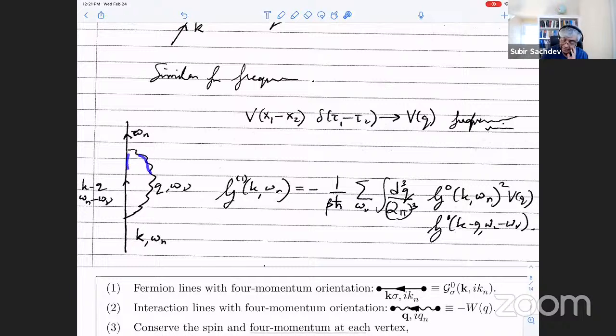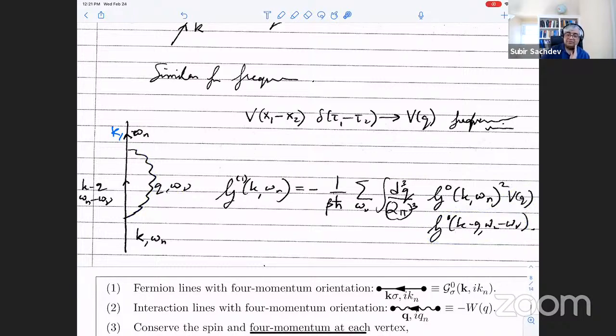If you just add these two momenta, the outgoing frequency and momentum here is the same as the ingoing frequency and momentum, as it has to be, k and omega n. So this particular graph gives the contribution to the Green's function at external momentum k and omega, and is equal to G naught squared, that's this line here and this line here, and there's a G naught here, which is this G naught. And then there's a V of Q, which doesn't depend on omega.